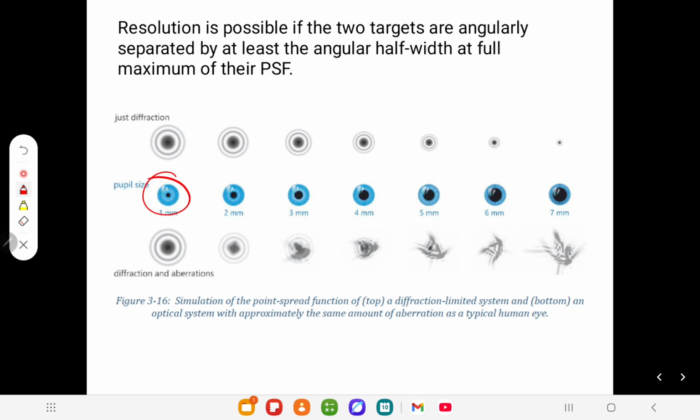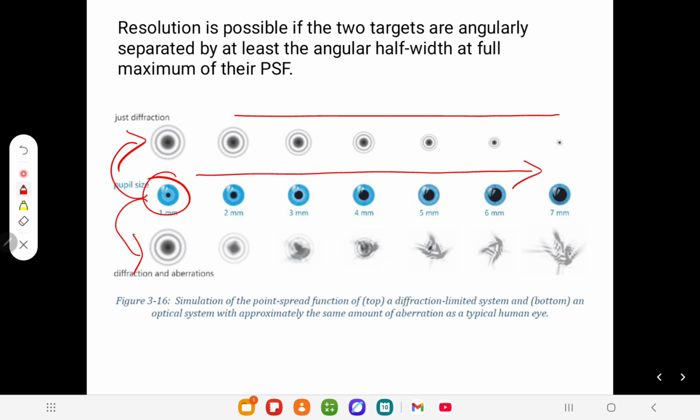When pupil size is small, definitely diffraction is at its peak, but aberration is reduced. At the same time, when pupil size gets larger and larger, diffraction gets smaller and smaller, and at the same time aberration gets larger and larger. So diffraction and aberration, with one variable, the pupil, are exactly opposite things, isn't it?